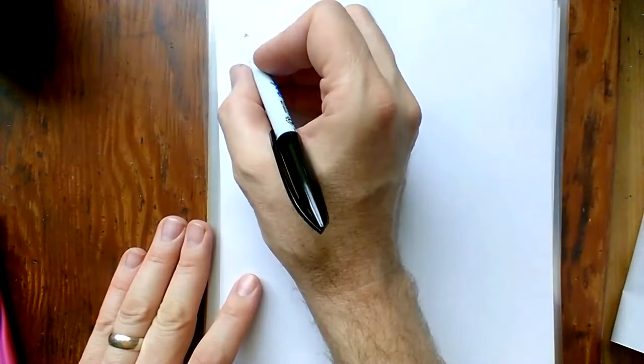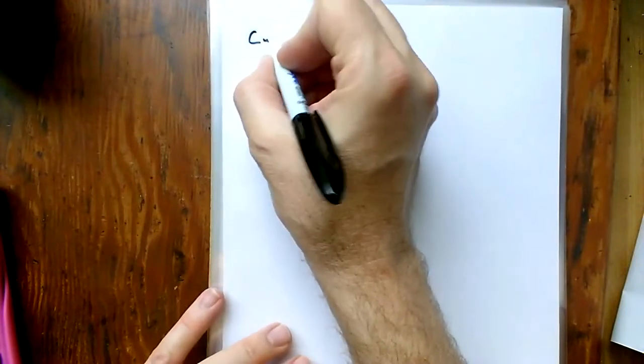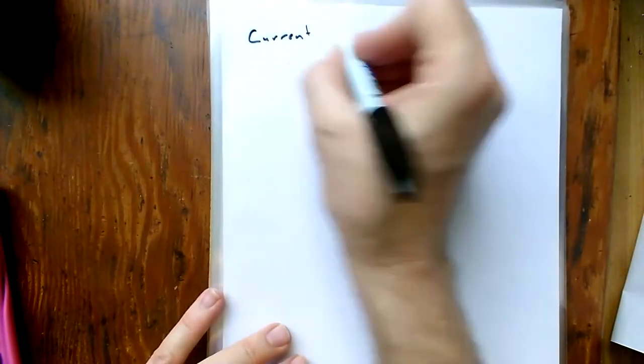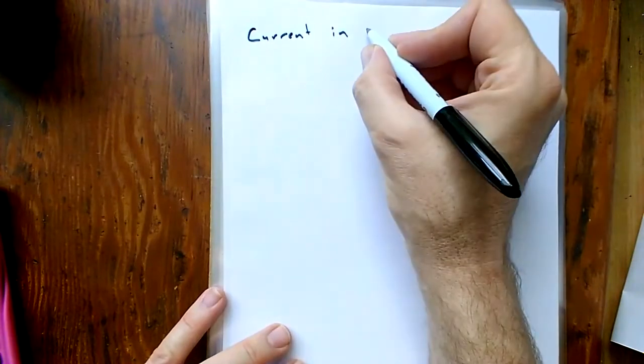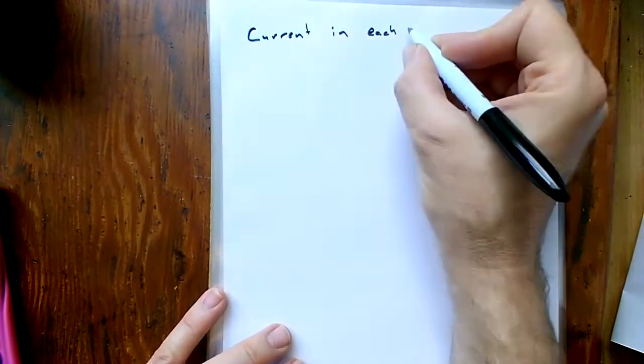So let's go over another way of doing that, and that's figuring out what our current in each branch is. So we have a current method, our current in each branch.